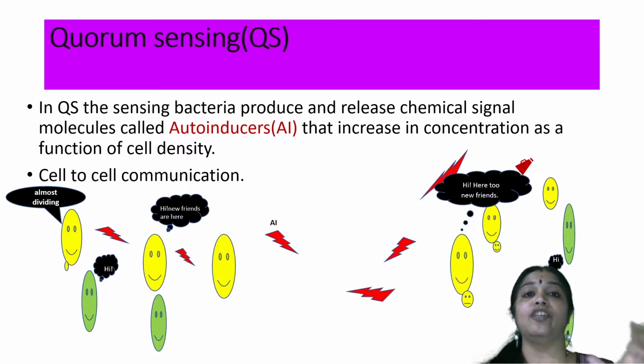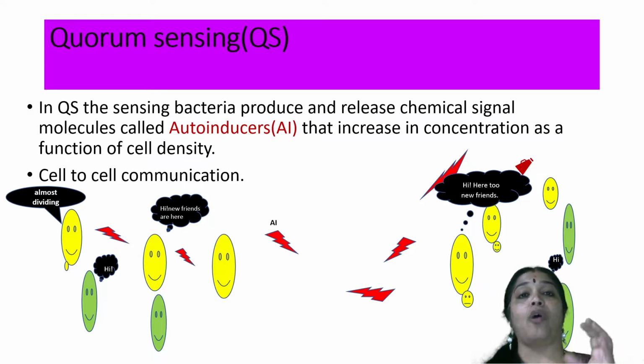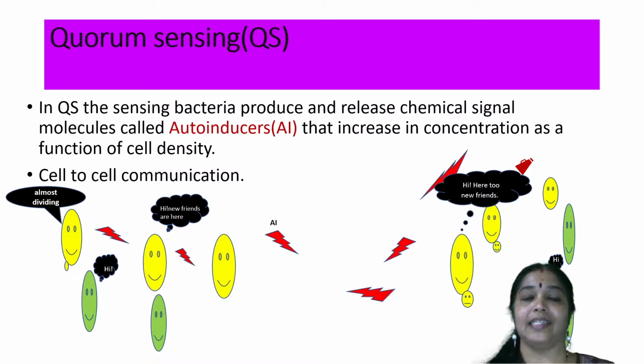When the population increases, it may be the same species or different species in the same environment. When this concentration increases, only then the regulation of gene expression takes place.